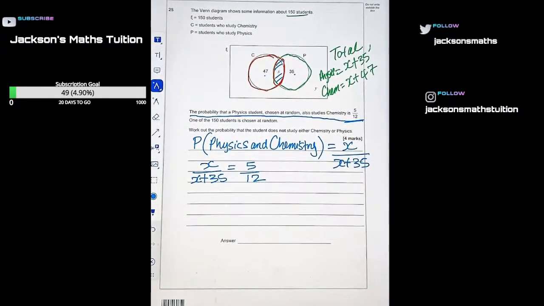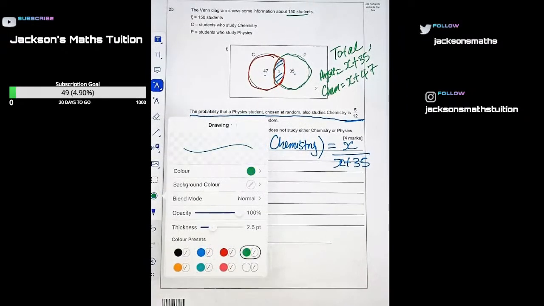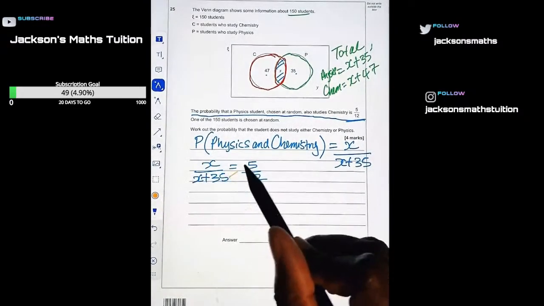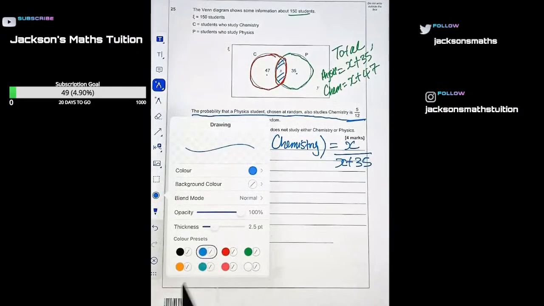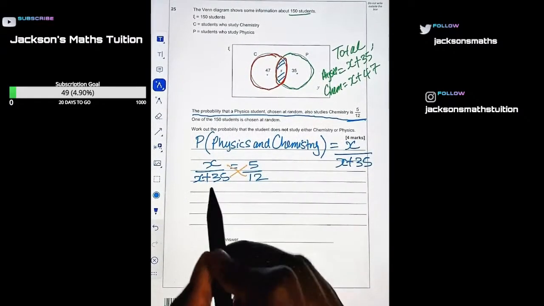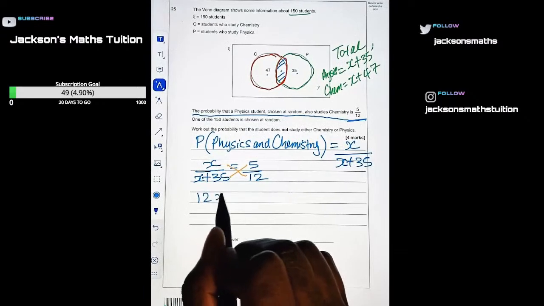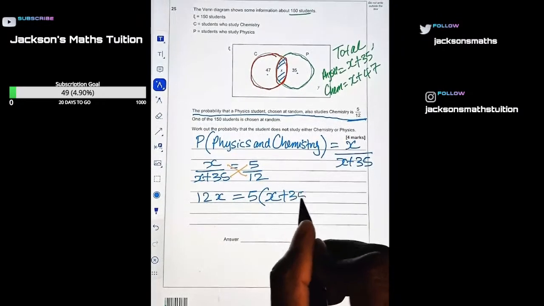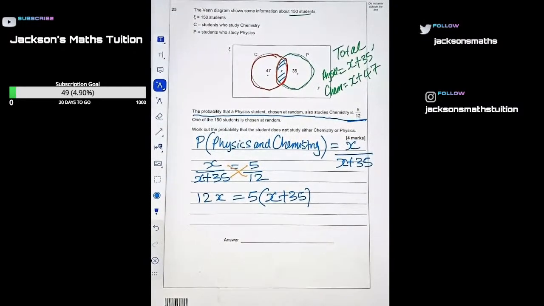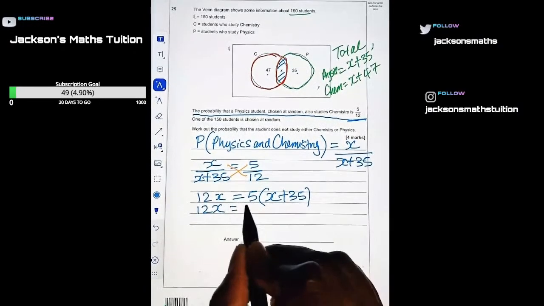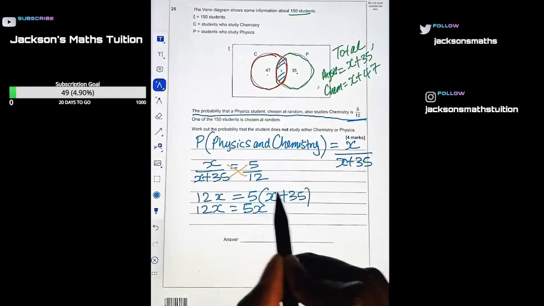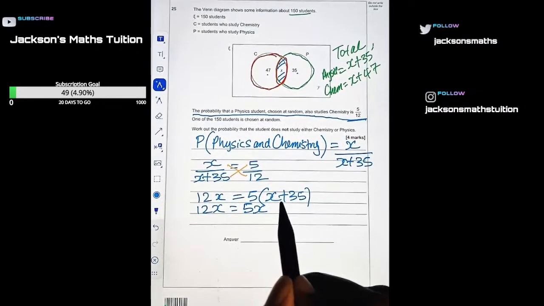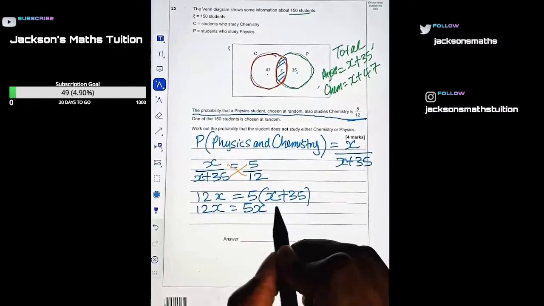Now we're going to solve for X. To get X, you're going to cross multiply. That with that, that with that. So X times 12 is 12X, and then 5 multiplied by X plus 35. So 12X is equal to 5X plus, expanding the bracket, 5 times 35, which gives us 175.